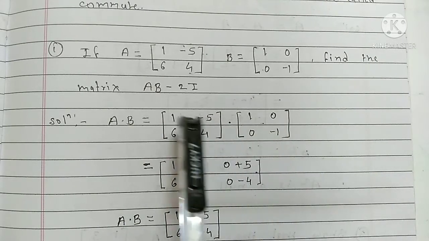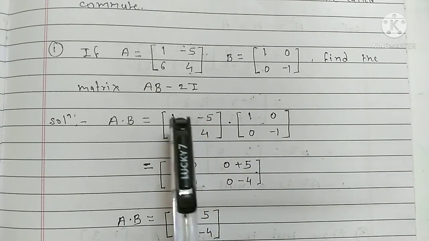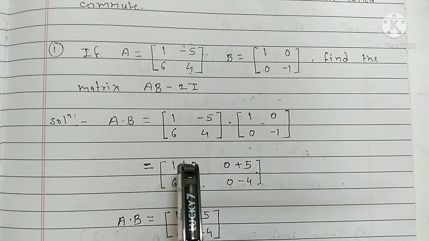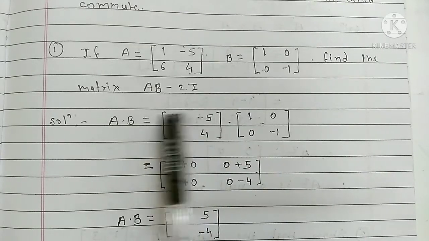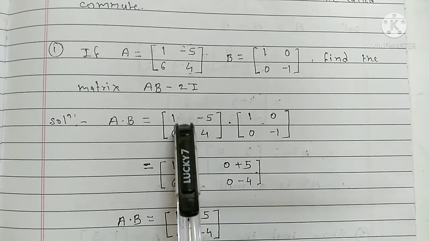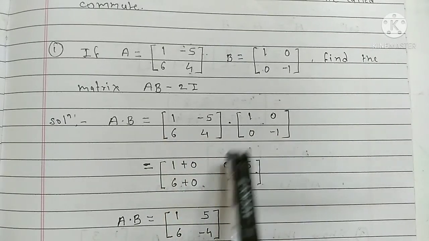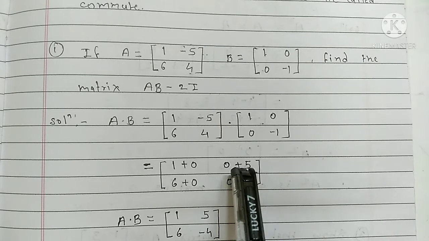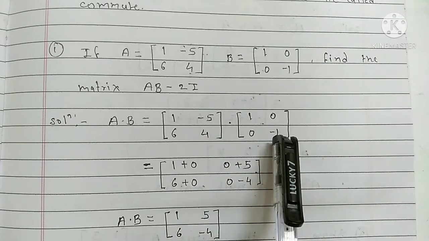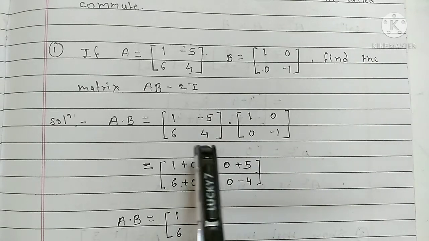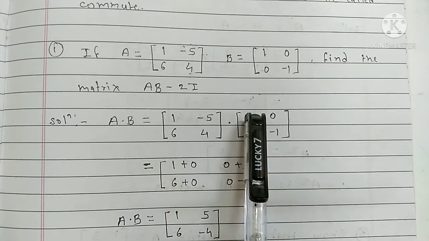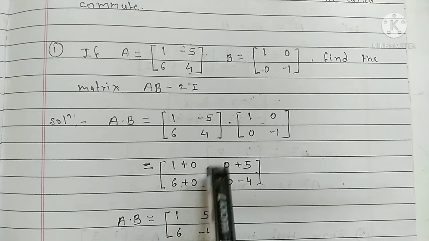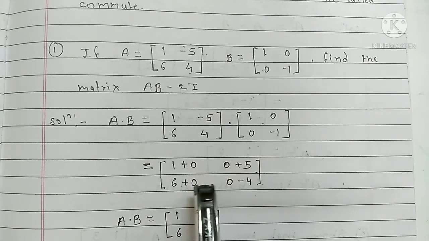So, we will multiply. First row, first column. So, 1 into 1 is 1 plus minus 5 into 0 is 0. Then, first row, second column. 1 into 0 is 0 plus minus 5 into minus 1 is 5. Then, second row, first column. 6 into 1 is 6 plus 4 into 0 is 0.